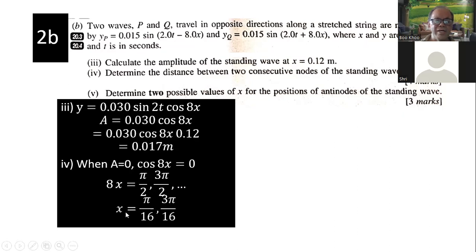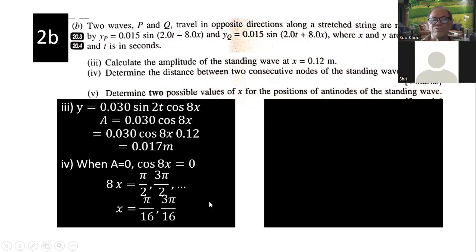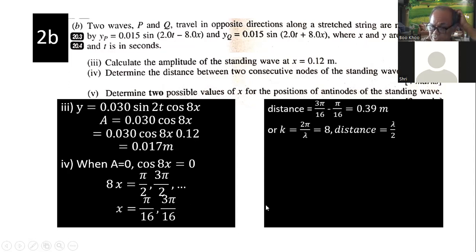From there, you can calculate your x and subtract to get the distance between nodes. Or use k is 2 pi over lambda, so k is 8. The distance is lambda over 2. So as long as you calculate lambda from here. Okay?